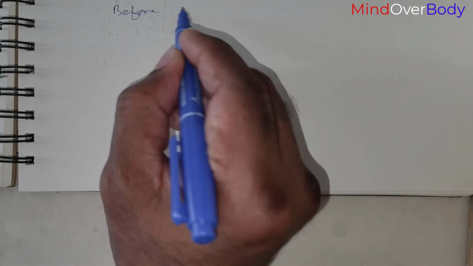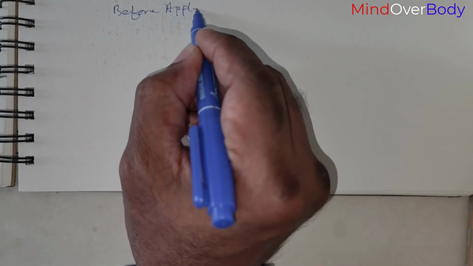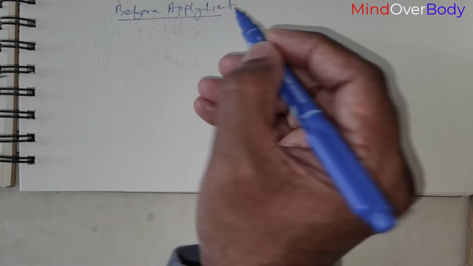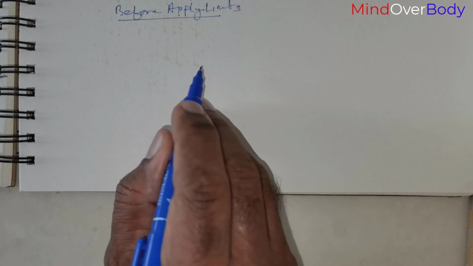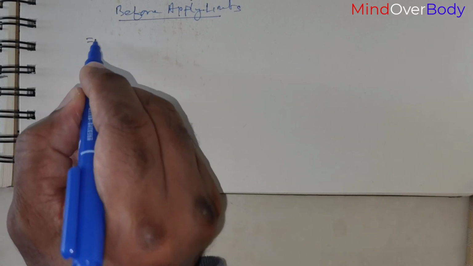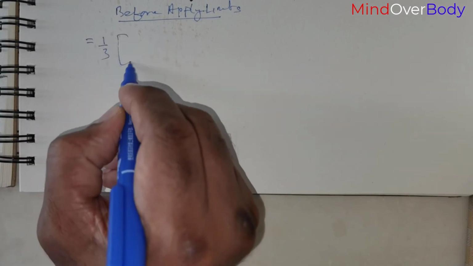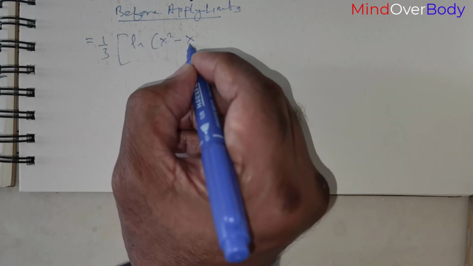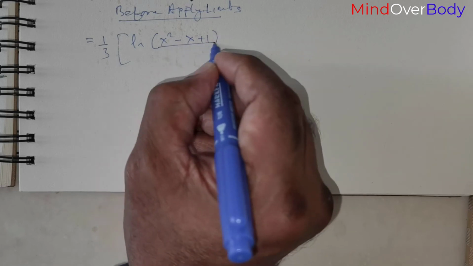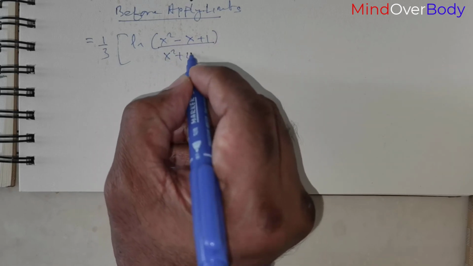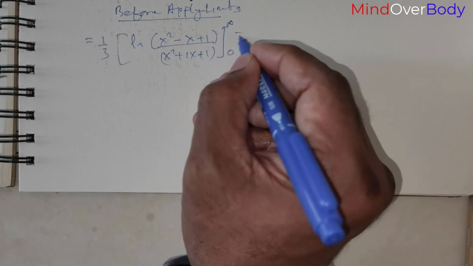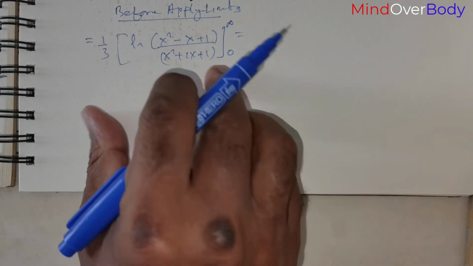Now before applying the limits, I would like to make the following changes. We have 1 over 3 of ln of (x squared - x + 1) divided by (x squared + 2x + 1). The limits are 0 to infinity. So I would like to apply the upper limit.